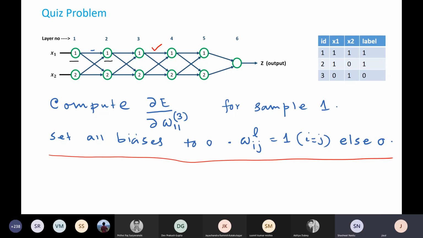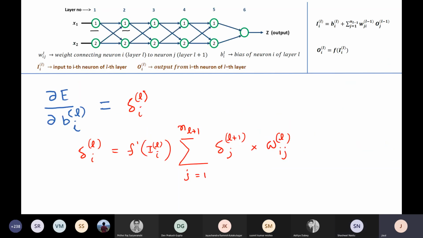I already told you, if you look at this formula very carefully, when you are computing this delta associated with the Lth layer, you need values from the L plus 1th layer. They are dependent on that.